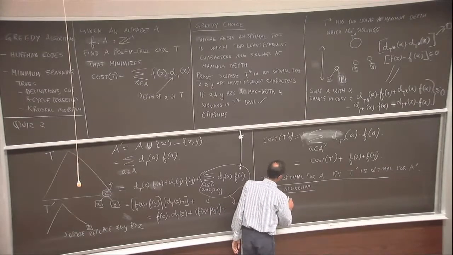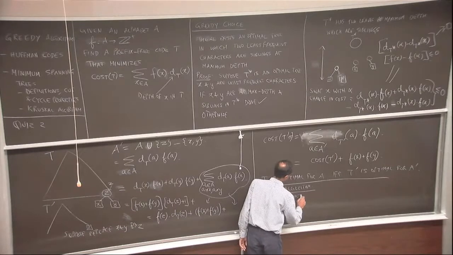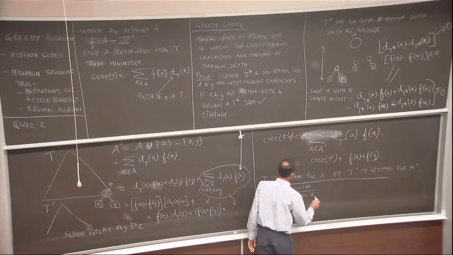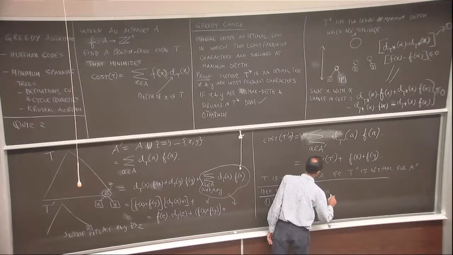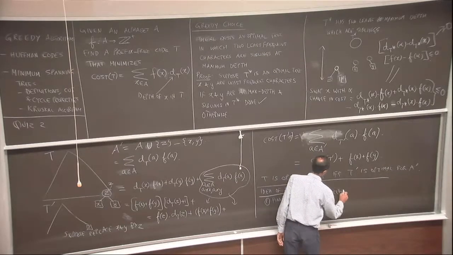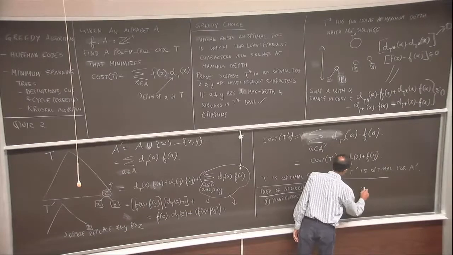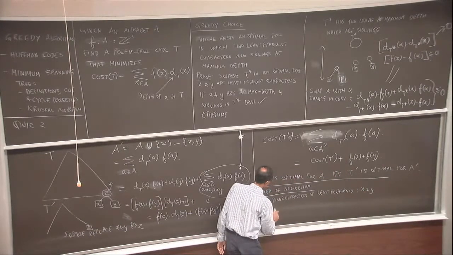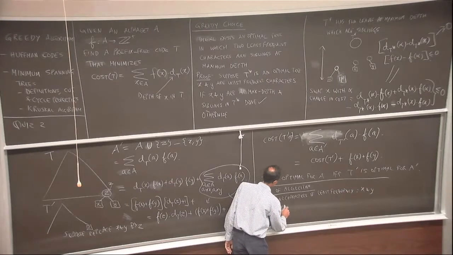Find the two characters of least frequency. Let's call them x and y. Make x and y siblings of each other.